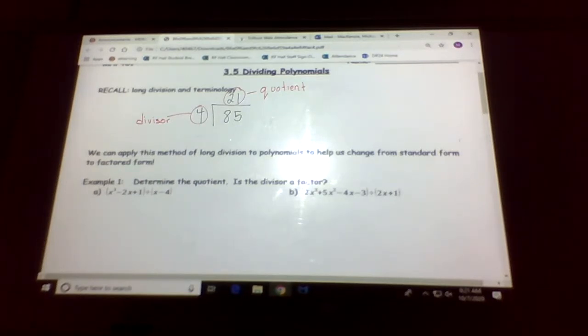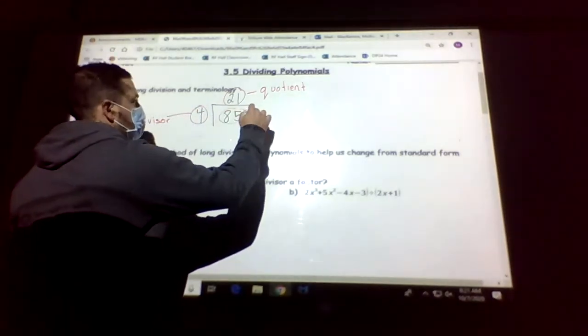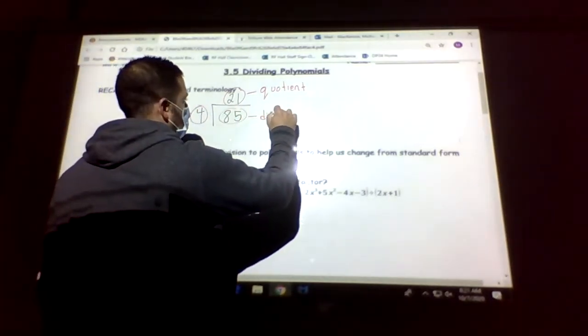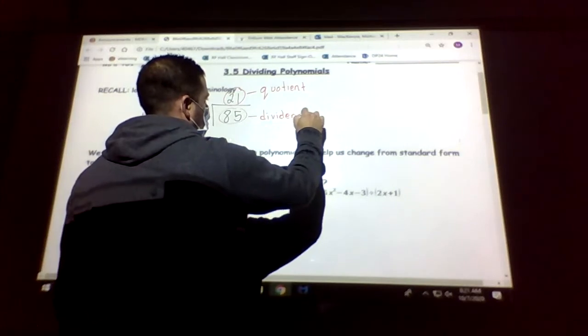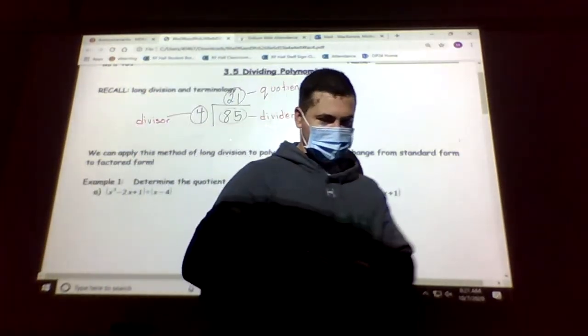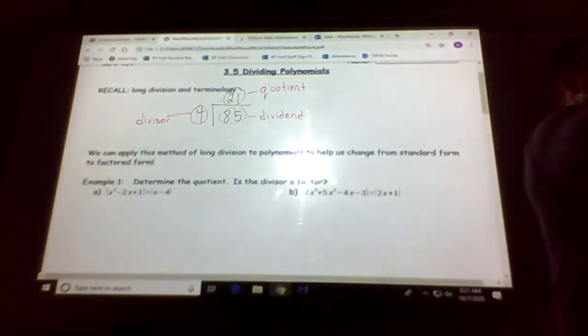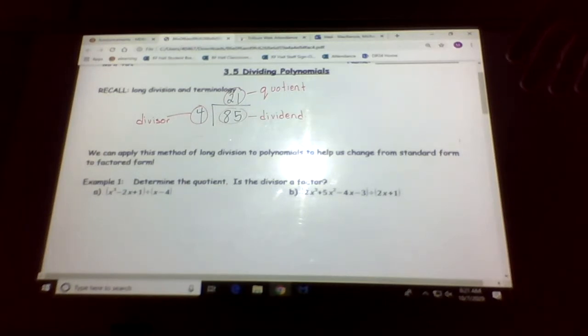The last one that most people don't get is the dividend. And everyone knows the last one. Which one am I missing here? If I were to enter this and there's a number at the bottom, what's that one called? Sorry? The remainder, right? So everyone knows the remainder for some reason.